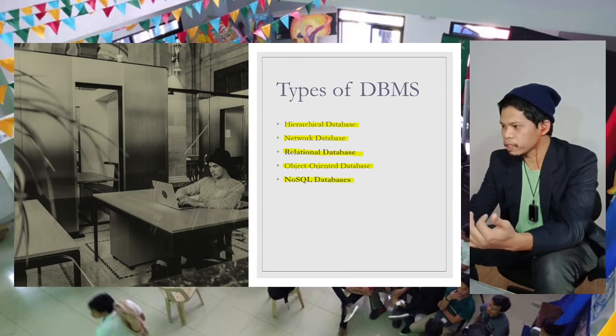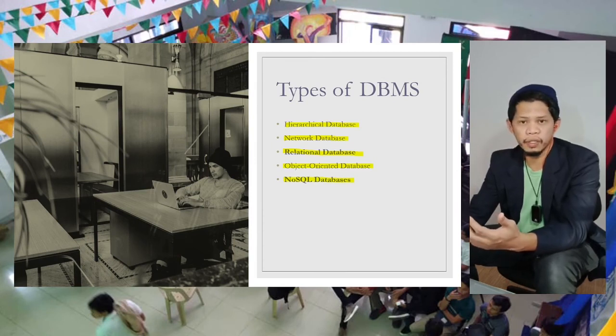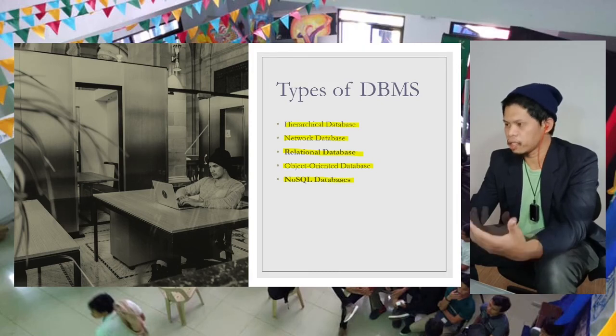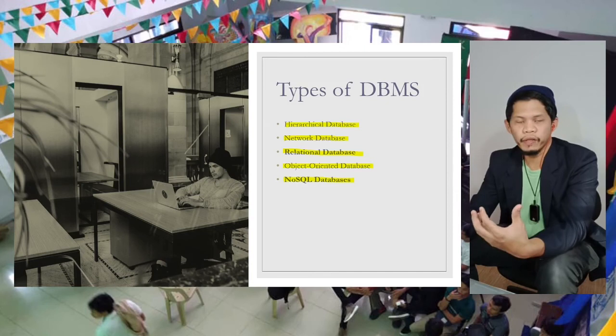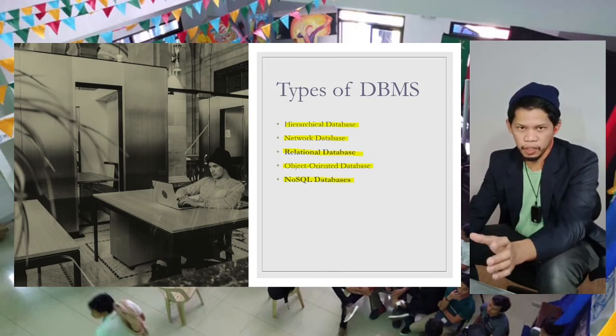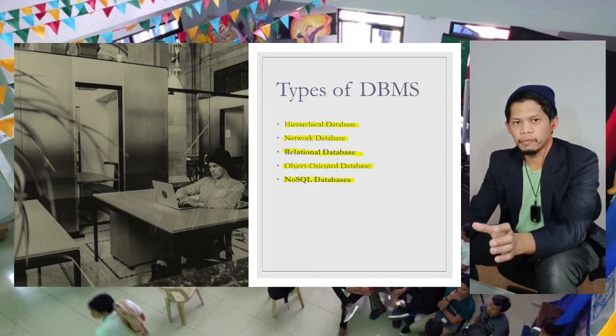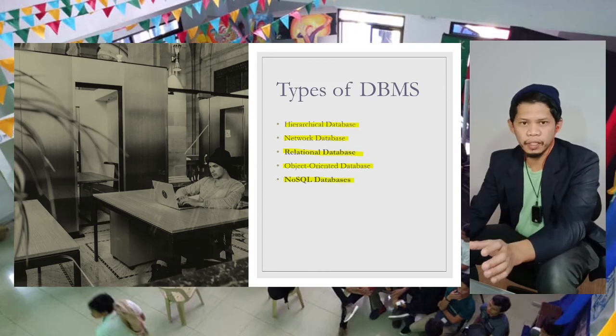So, ang NoSQL is not using relational model. It's well-suited for clustering. It's an open source database. It is built for the 21st century. And compared to relational database, mostly sa mga NoSQL databases is hindi gumagamit ng schema.